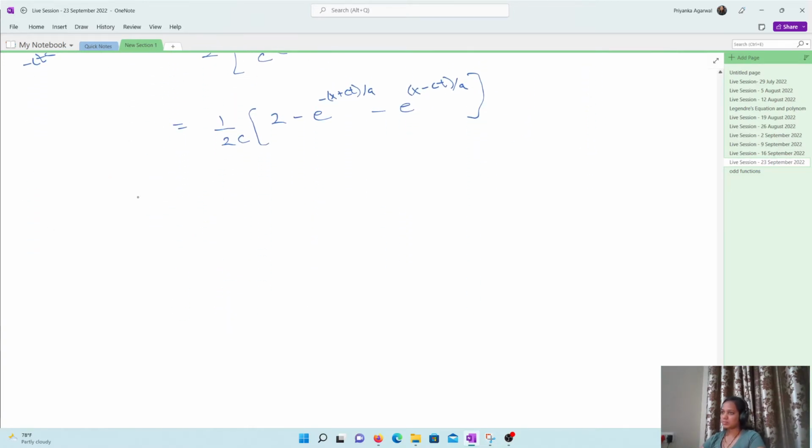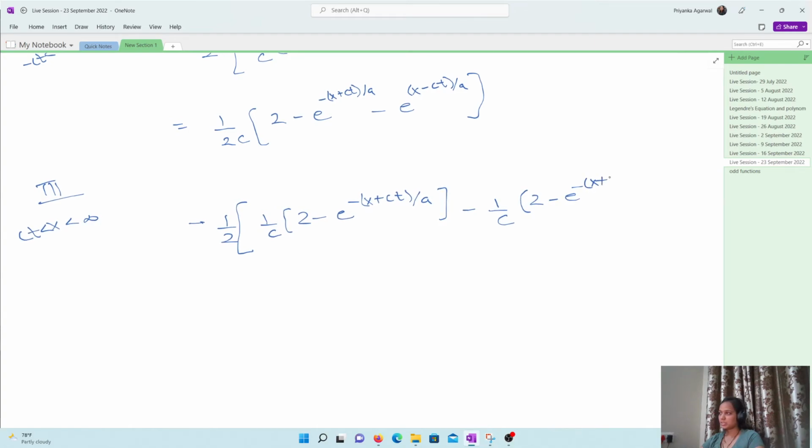And what will the third case become? Third case, when x is greater than ct but less than infinity. So in this case, this will become 1 by 2. This is now 1 by c, 2 minus e to the power minus x plus ct over a, right? And then we have minus 1 by c, 2 minus e to the power minus x minus ct over a.